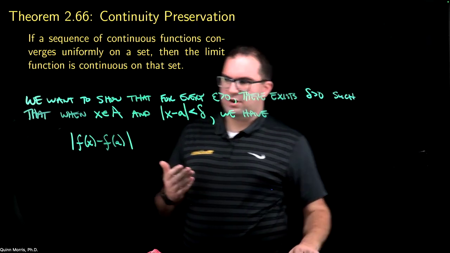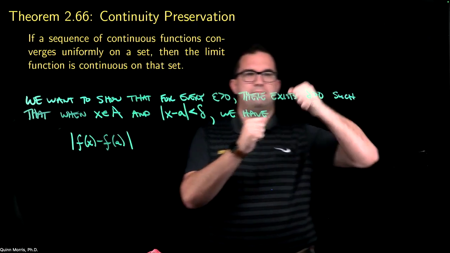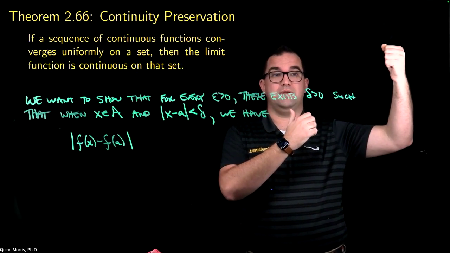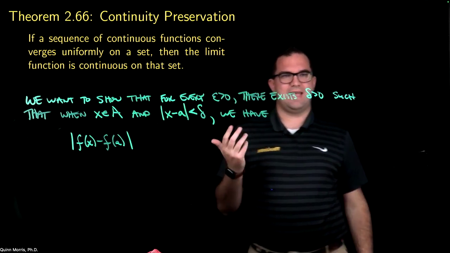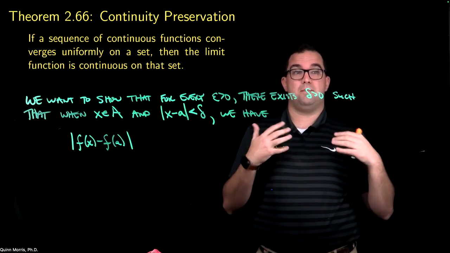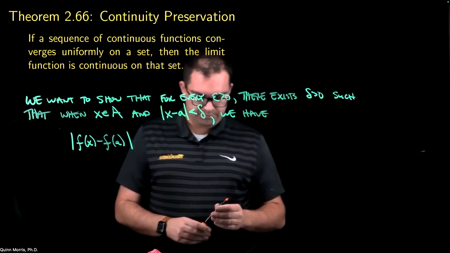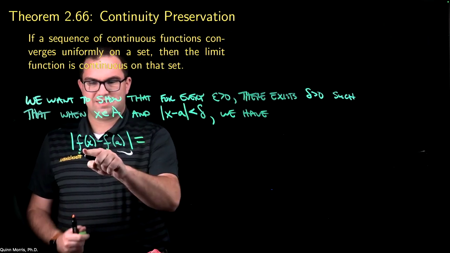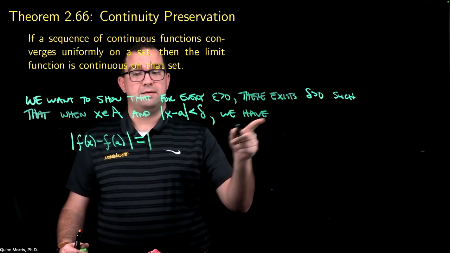So somehow what I need to do is re-express this and be able to relate it back to at least one of the functions in the sequence of functions. So let me imagine, and we'll figure out exactly how we're going to pick, but let me just pick a function out of the sequence. Let's call it f sub m. Okay. So what I could do is I could look at this and say, well, I don't know anything about f really, but I know about how f relates to f sub m.